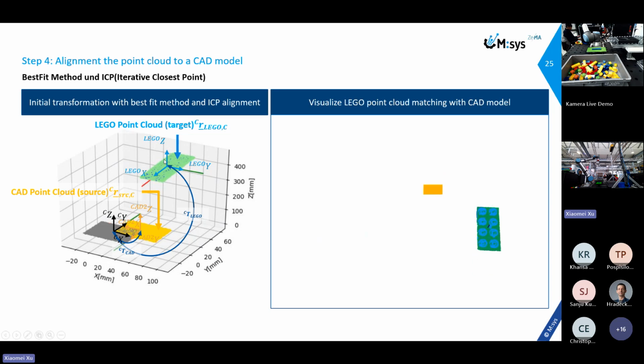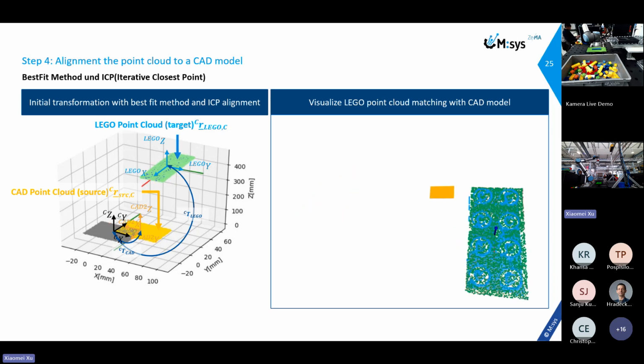This part will show how the CAD point cloud automatically matches with the Lego point cloud from the 3D camera using ICP. Partially occluded parts can use the CAD point cloud matching to estimate the 3D pose. The original CAD point cloud, the source point cloud, is drawn in SolidWorks and converted to a point cloud.